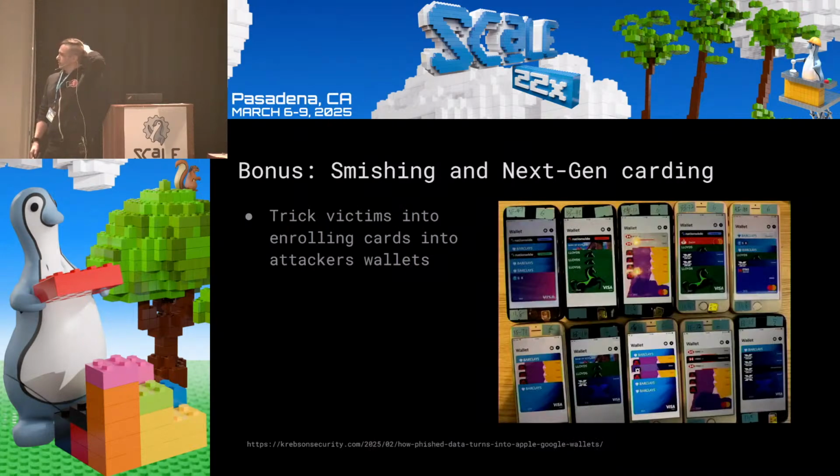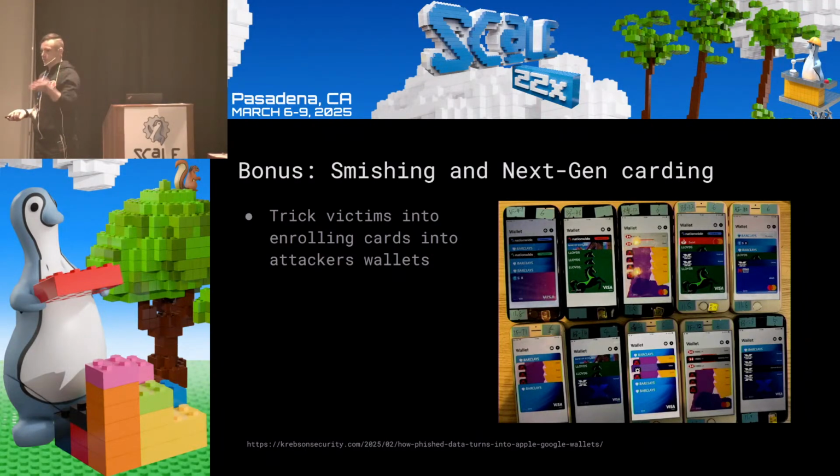I said I wasn't going to talk about phishing, but I thought this was relevant. This was a Krebs article that came out a couple weeks ago. So if you're taking credit cards online, it's kind of risky because of all the things I mentioned, right? It's just that PAN, which is kind of easy to obtain.